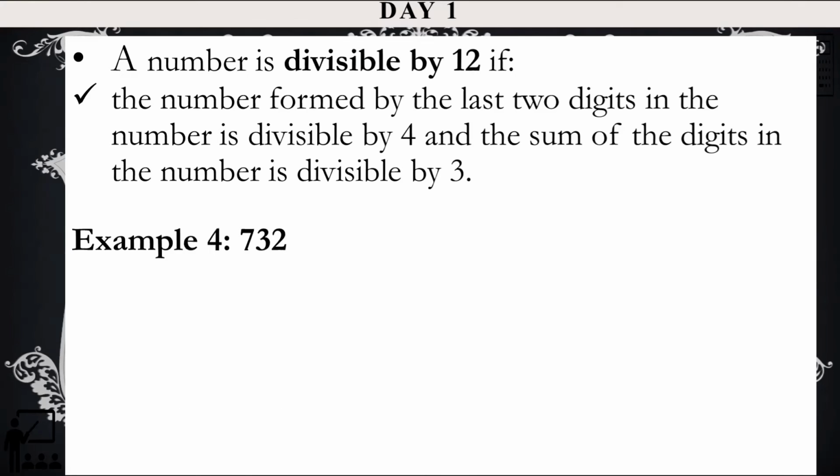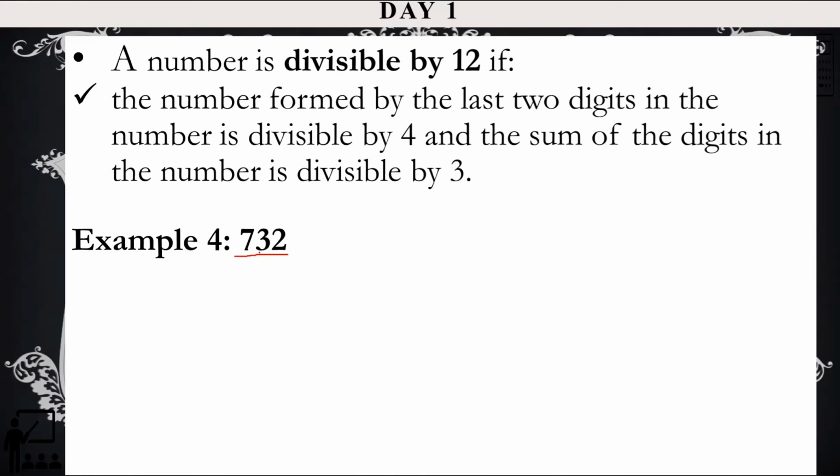We have the 732. So, to check if this 732 is divisible by 12, first, let's check if this is divisible by 4. So, paano ba natin i-check if this is divisible by 4? So, we said that we can identify if it is divisible by 4 if the last 2 digits are divisible by 4.